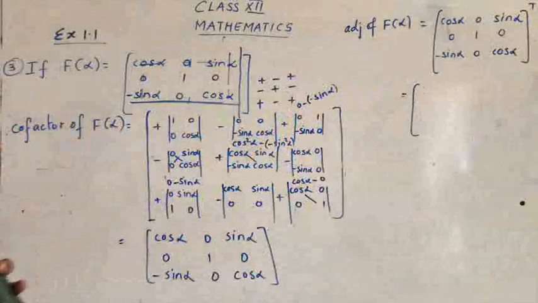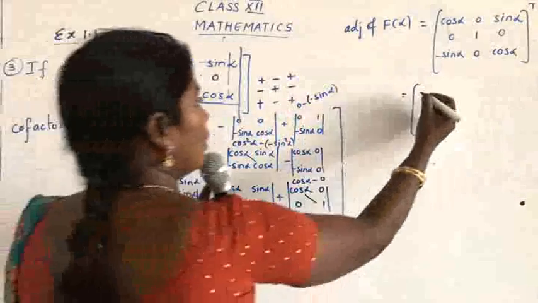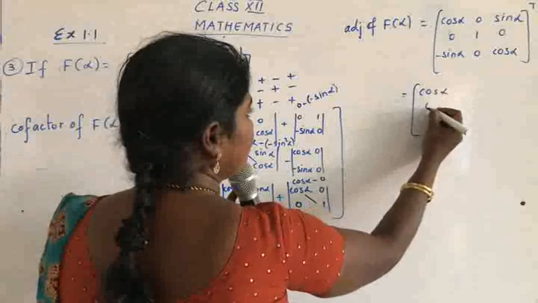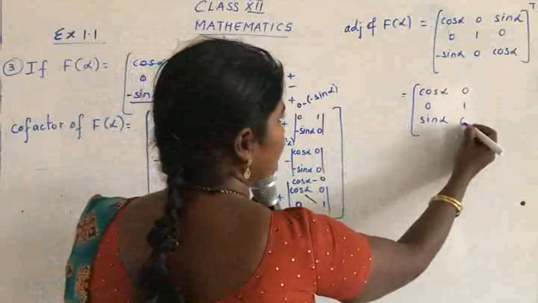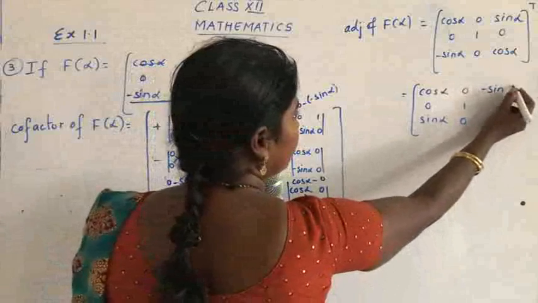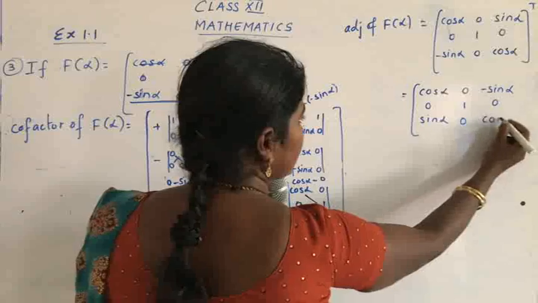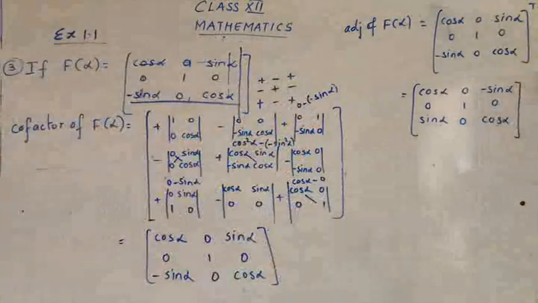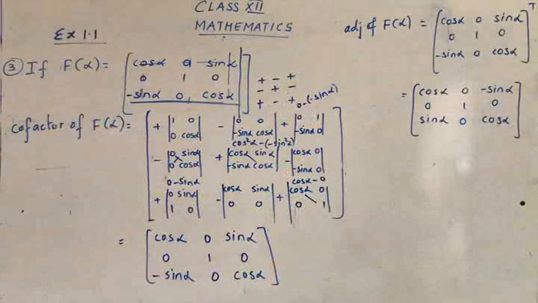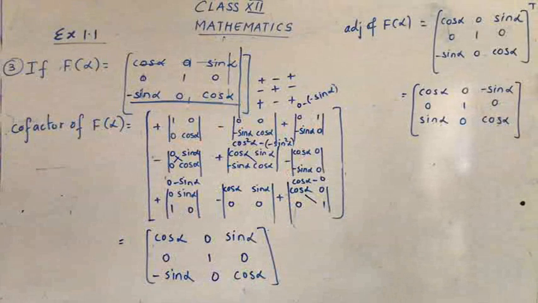So when you interchange the rows and columns, you get cos alpha, 0, minus sin alpha; 0, 1, 0; sin alpha, 0, cos alpha. So now we have found the adjoint of f alpha.